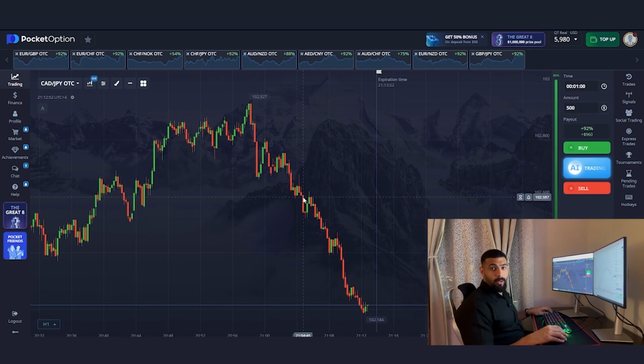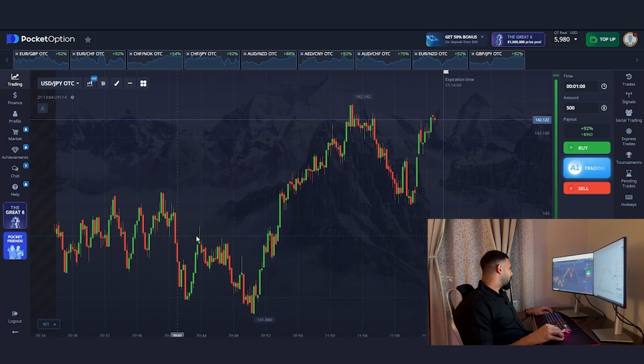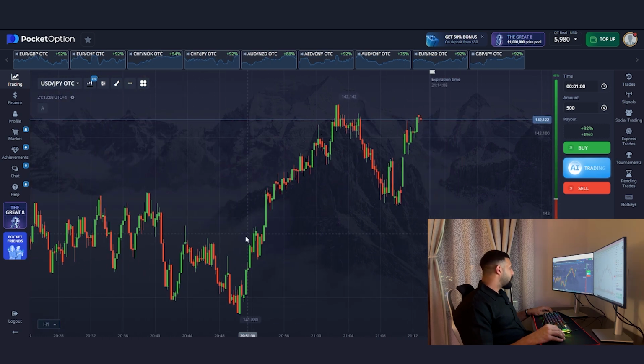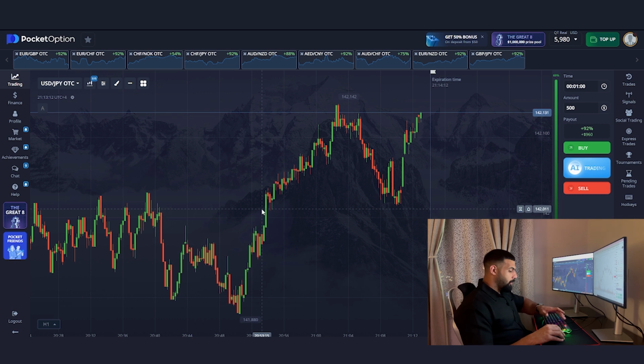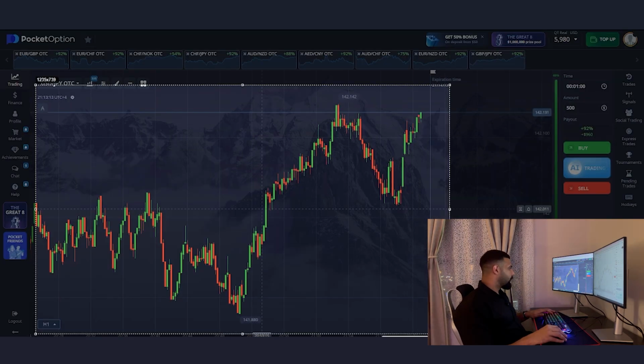And now let's start looking for our second trade. Let's choose a currency. I will choose USD JPY. As I can see, it looks nice. Let me draw something to see what we will find. One second. I will start drawing from here to here to here.